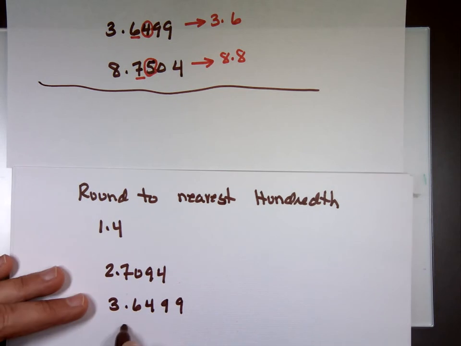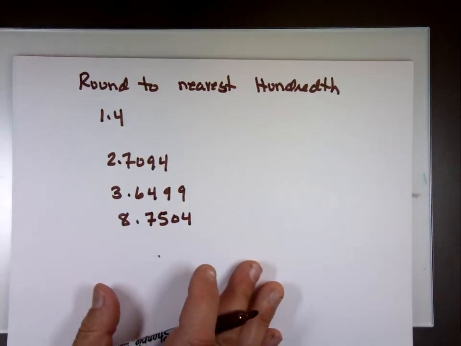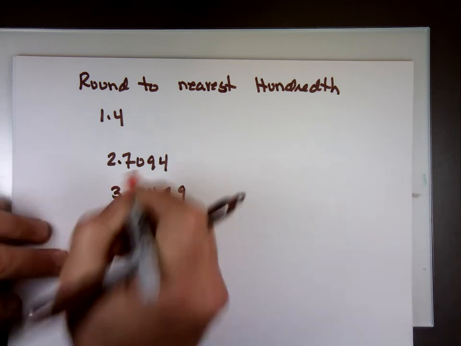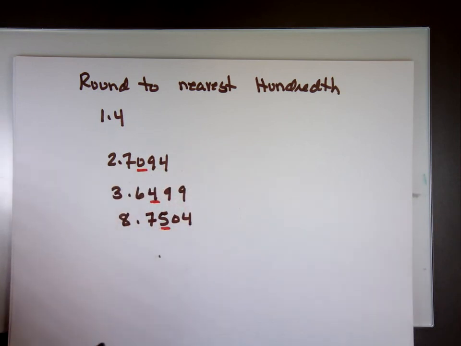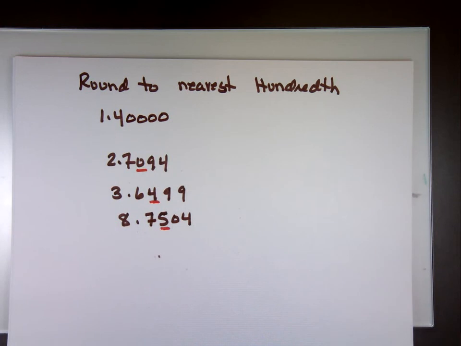I just changed the first number. I want it nearest hundredth. Hundredth means how many decimal places? 2, right? The top number is a problem for me. It doesn't have 2 decimal places. You can add as many zeros as you want to. It doesn't change the value of that. So this becomes your hundredth.